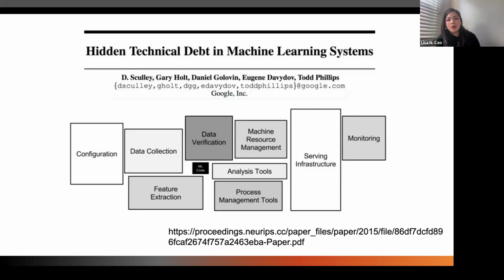When we think about technical debt, we think about how we store our features, how we process the data, how we serve on, say, a cloud native infrastructure, how we monitor these different machine learning applications, configure them, and manage the resources and the clusters, and how we verify the data quality. All of this is applicable to data pipelines just as much.